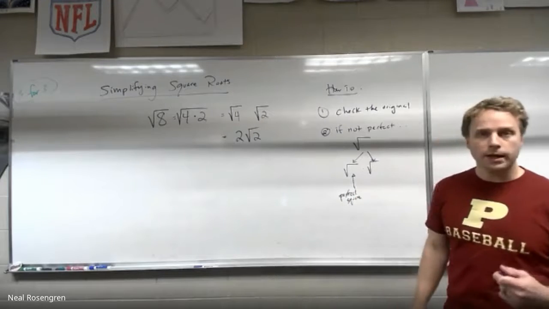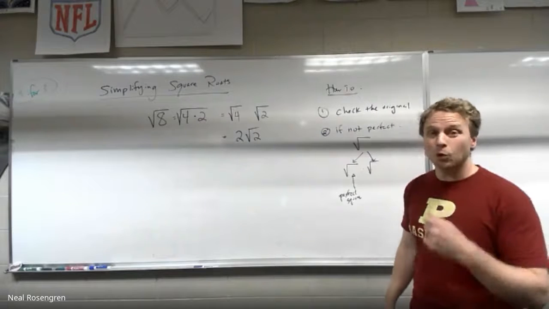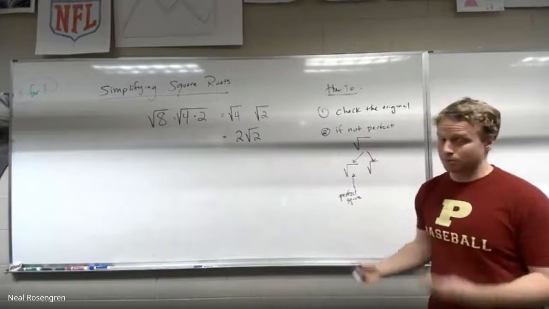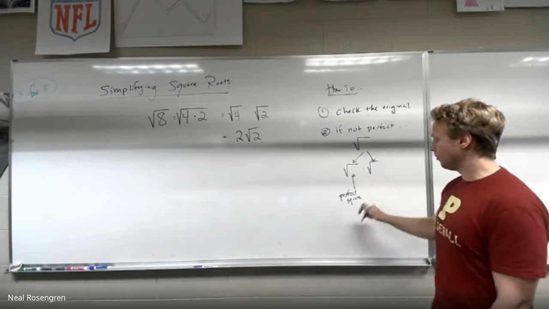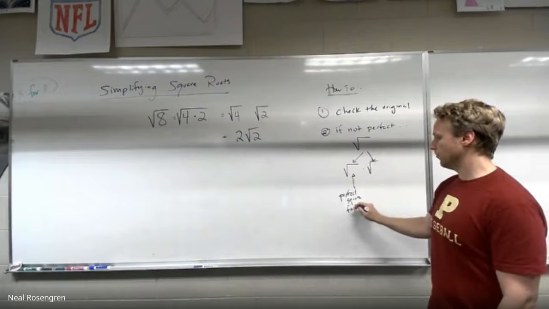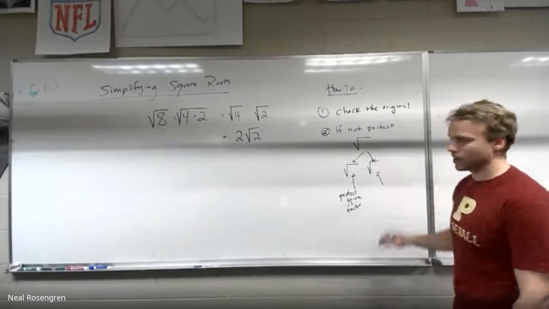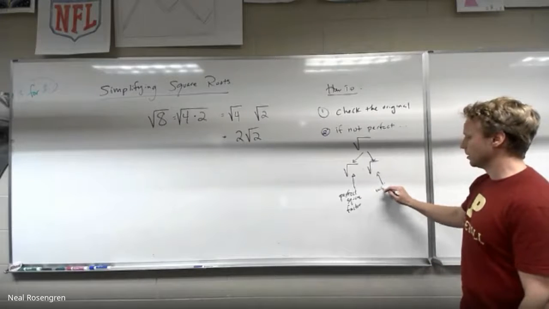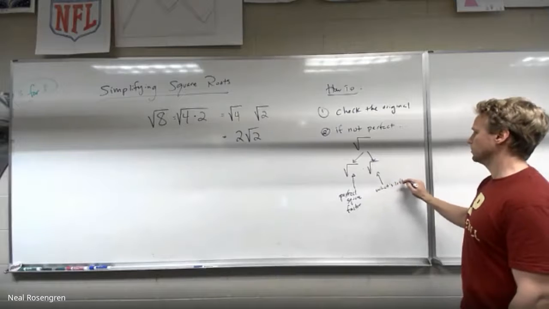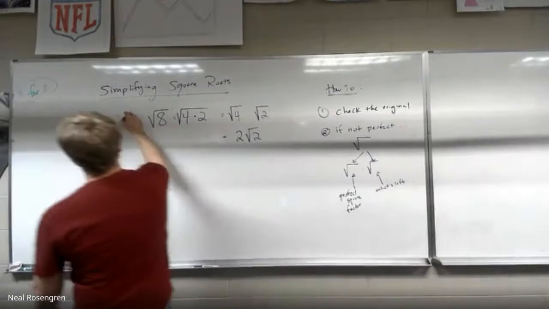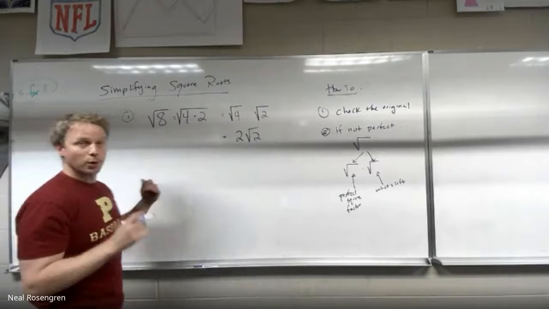But I want it to be a perfect square that goes in evenly to the number that I was just dealing with, right? A perfect square factor of my original number. This, we're kind of stuck with whatever's left, okay? What's left? So call this one number 1 if you want, right? We've got the square root of 8.